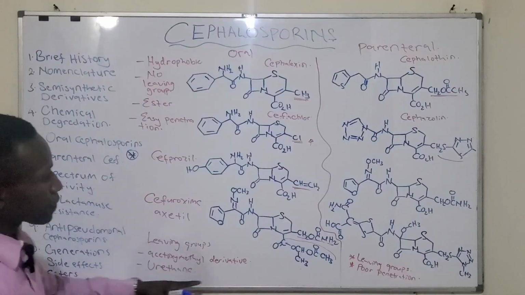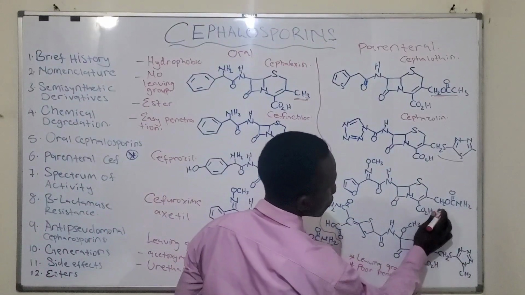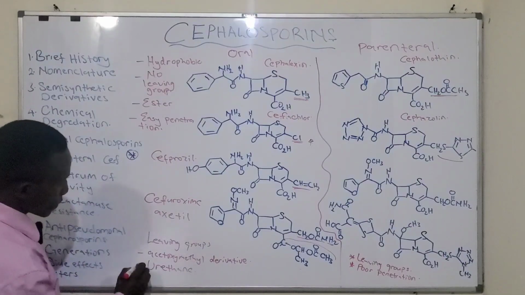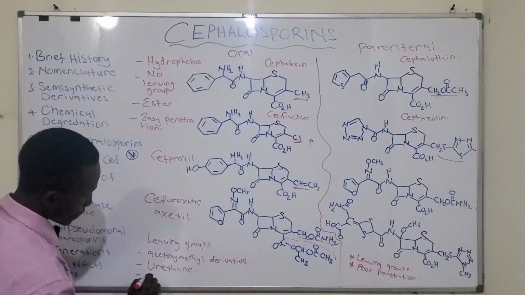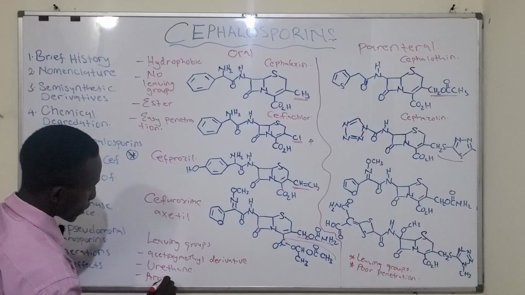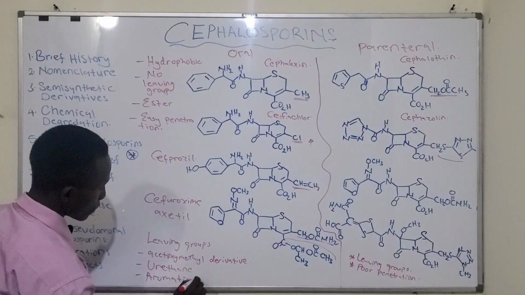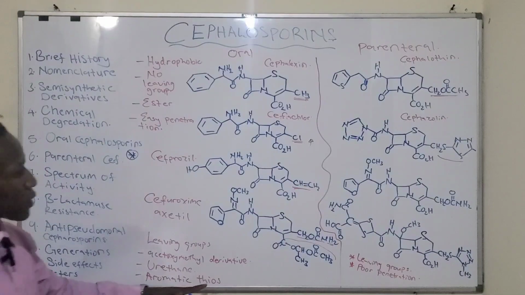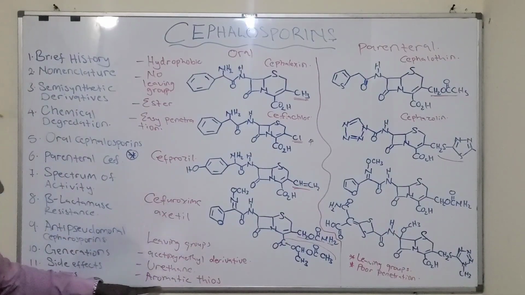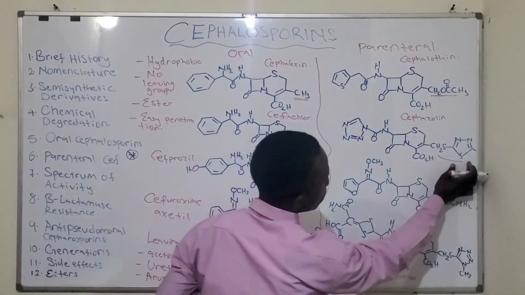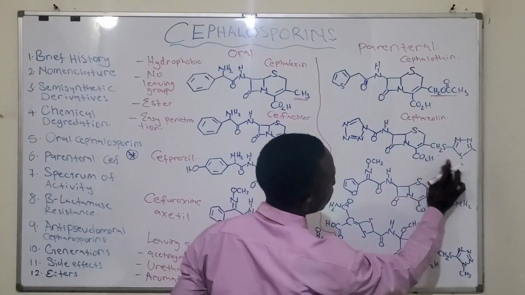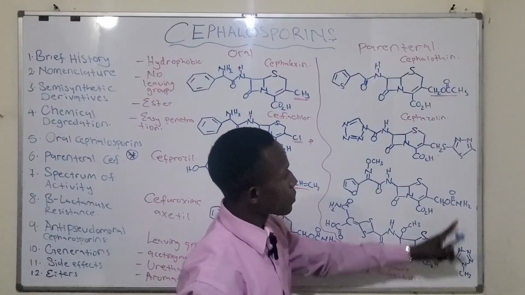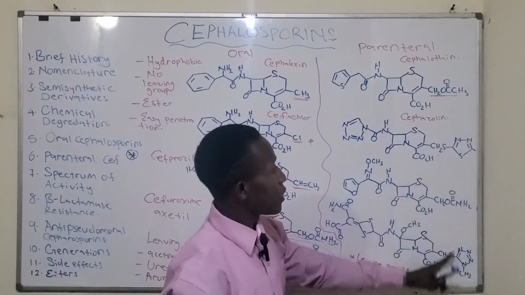An example of urethane is this group where the CH3 is replaced by the amine group. So urethane and the aromatic thiols. Aromatic thiols, all those aromatic groups which are bonded by the sulfur group, are good leaving groups.